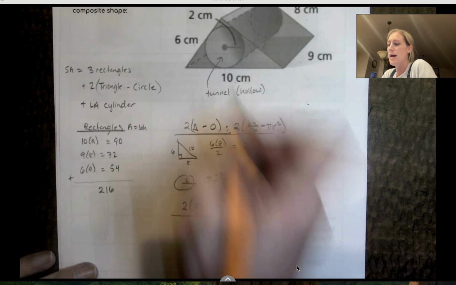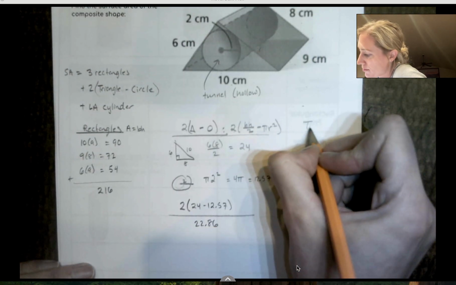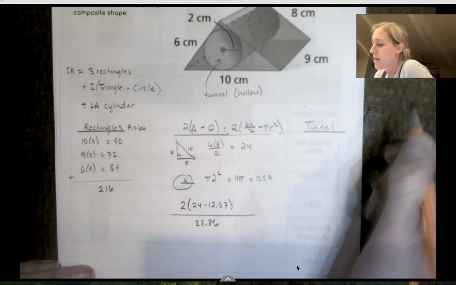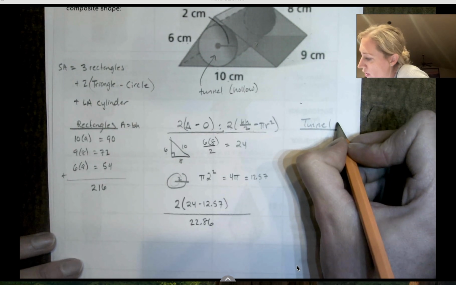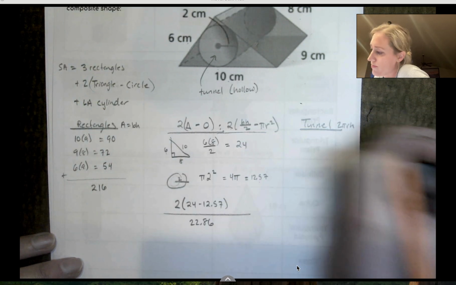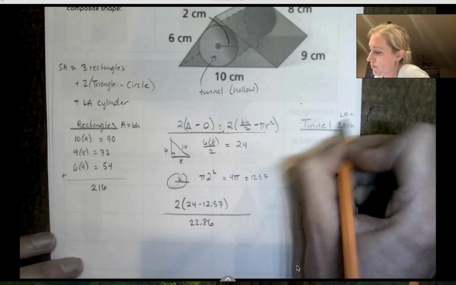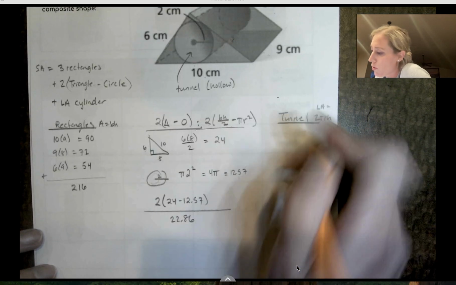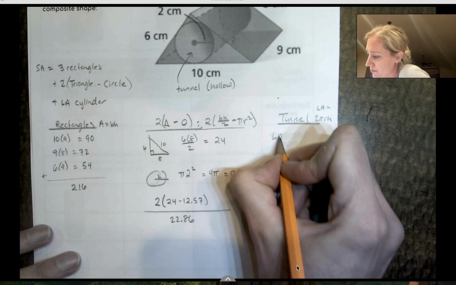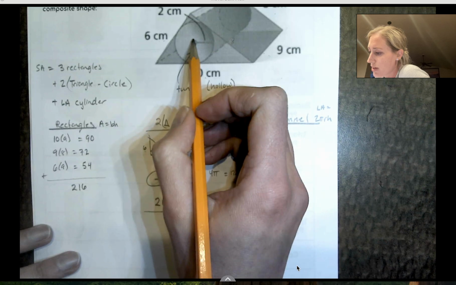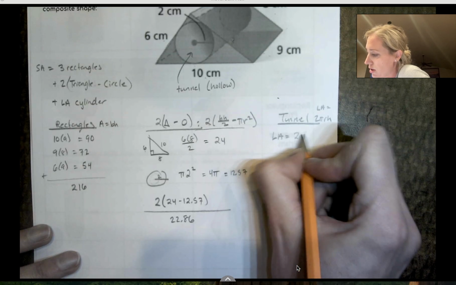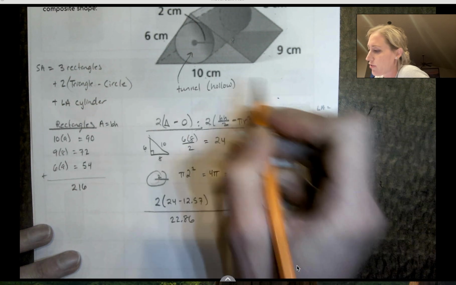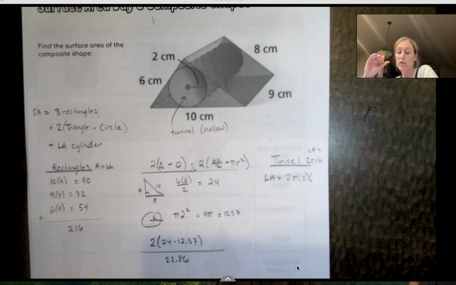Now I have the tunnel. It is the lateral area of a cylinder, which is 2 pi r h. Lateral area equals 2 pi r times h. So we have 2 times pi times r. Our r is still 2. Times the height. The height is the height of the cylinder: how tall would that tunnel be if I stood it on its end?